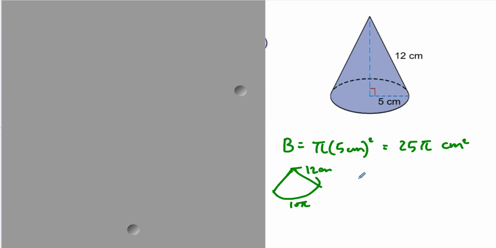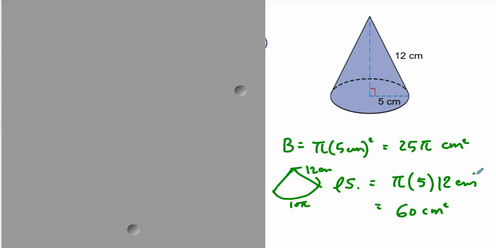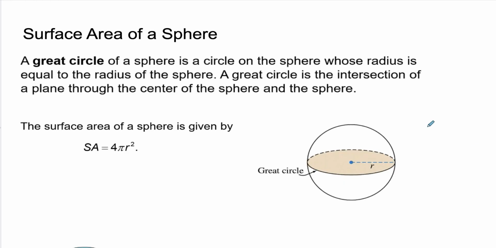But we know that the surface area of this lateral surface will be pi r L. So pi times r, which is 5, and L, which is 12 centimeters. So that gives us 60 pi square centimeters, right? And together, base and lateral surface together, that will be 85 pi square centimeters.